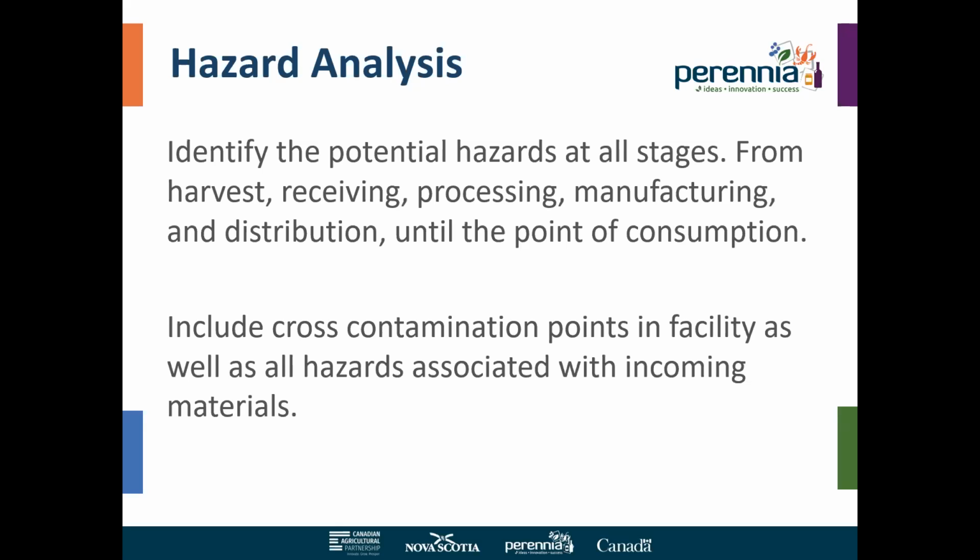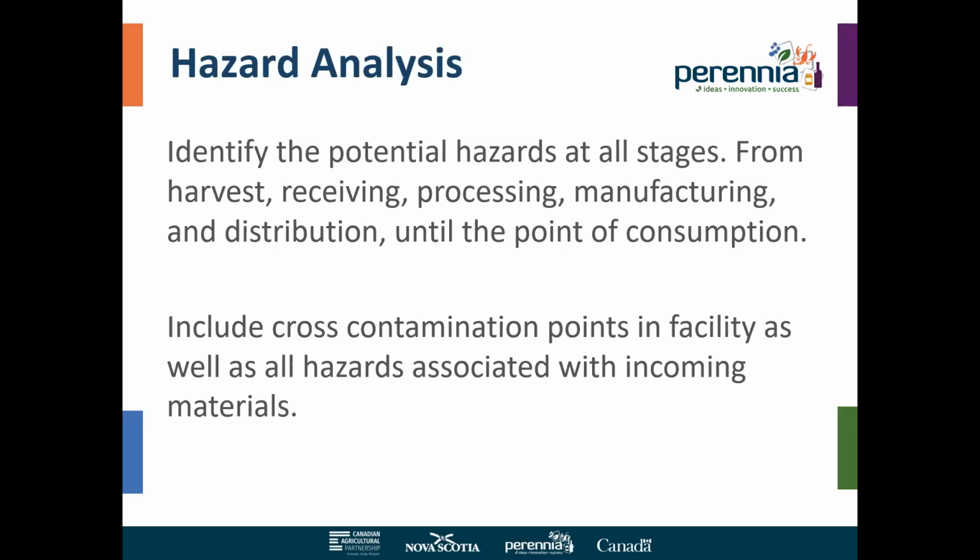So then the next step is doing a hazard analysis. So what does that mean? A hazard analysis is when you identify all potential hazards at all the stages. So that's the stage at the harvesting out in the field to the receiving of the product into your packing house or into your storage area or receiving any imported products that you may be bringing in.